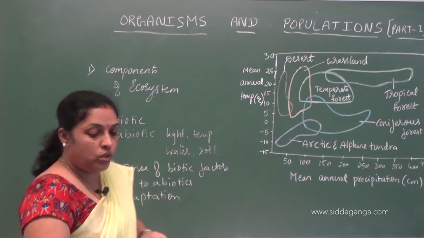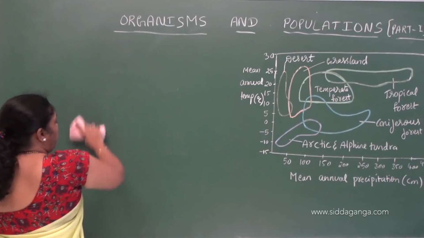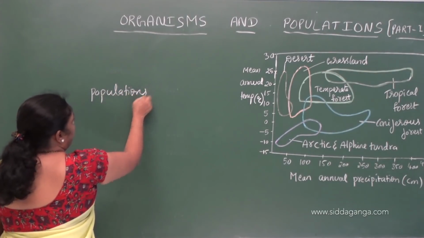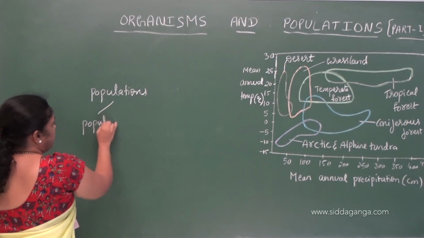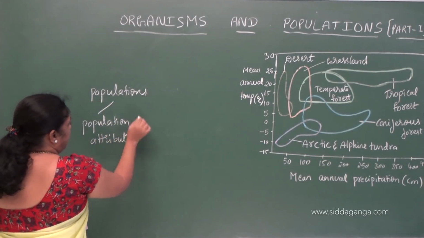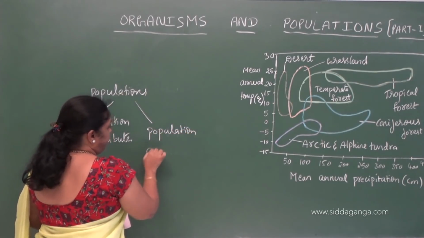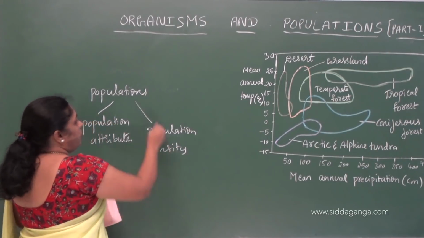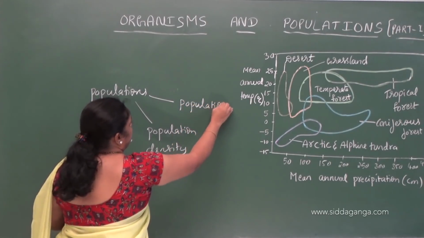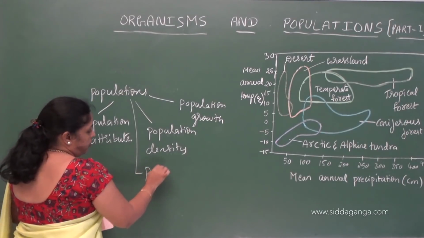And one more thing we are going to study is population. Under population, we are going to study population attributes, then population density, then population growth, and population interactions.